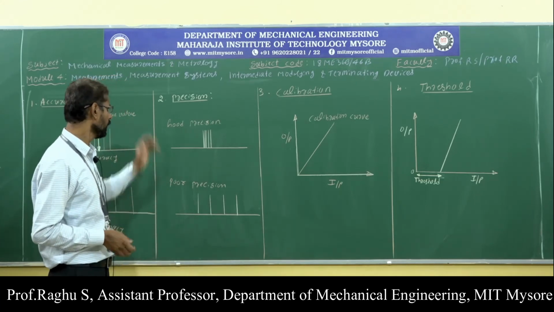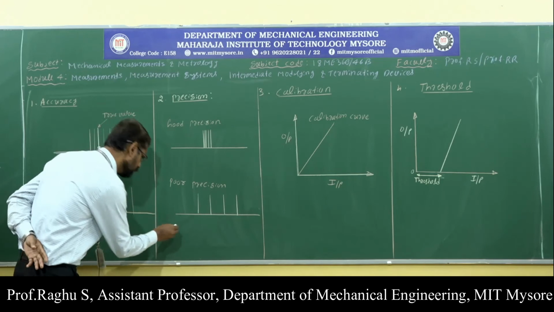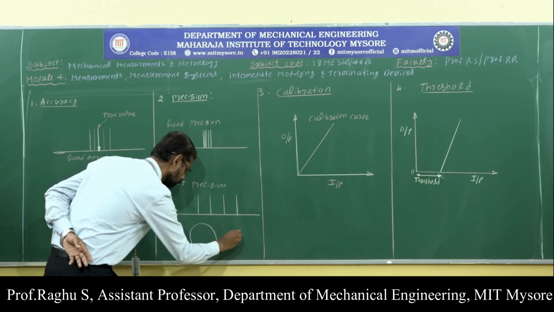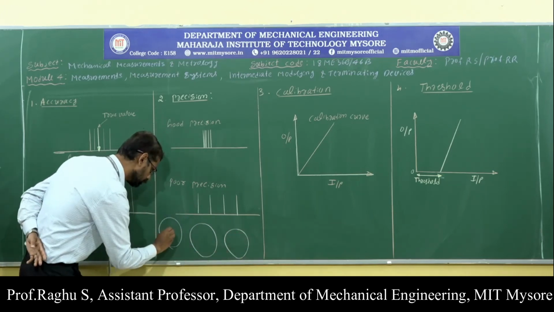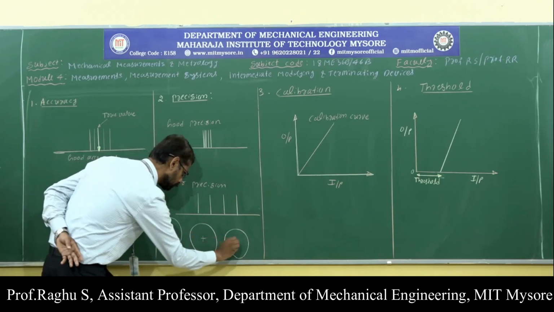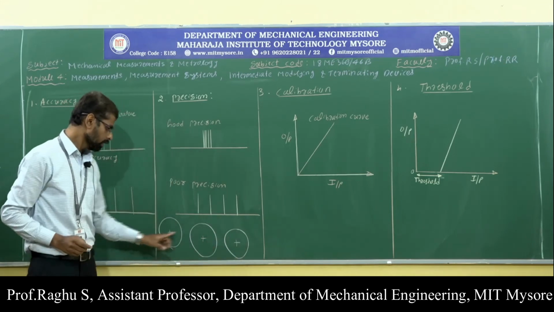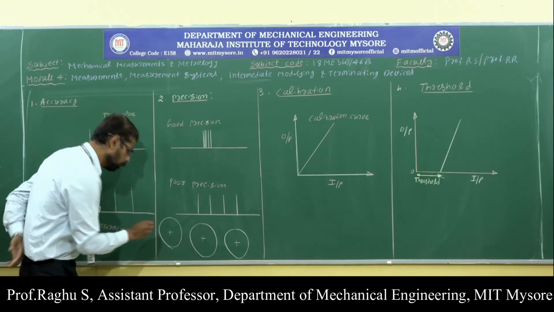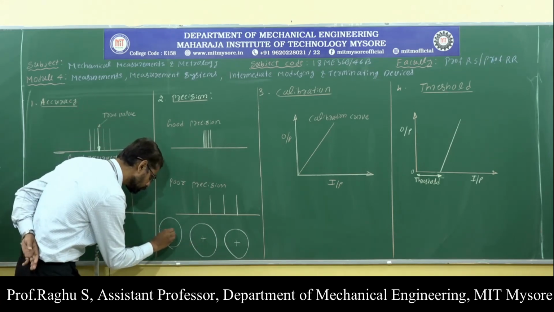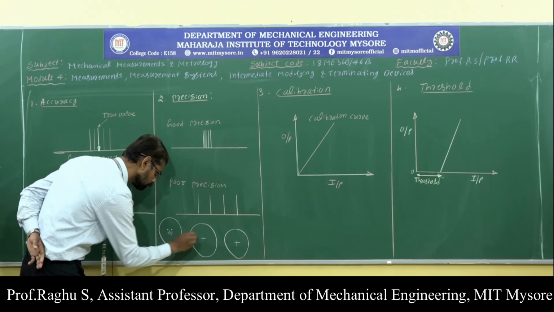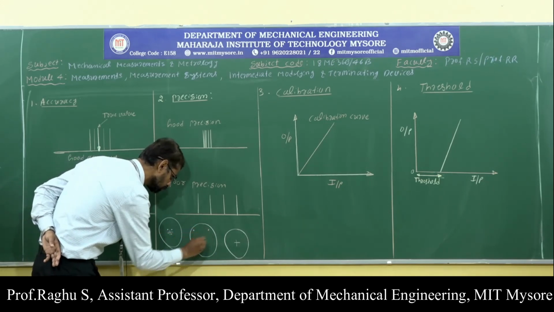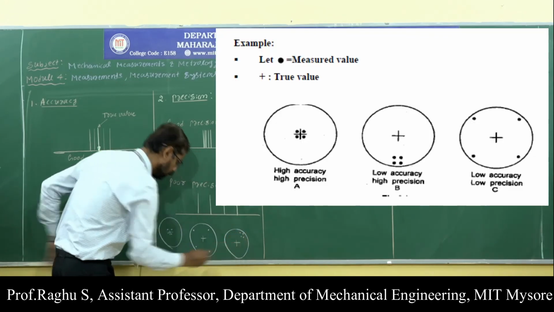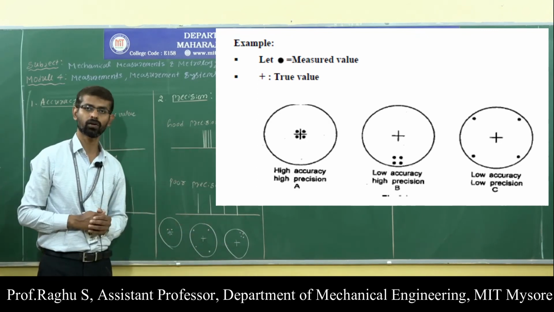Now let us understand one more example. The plus mark indicates the true value, and the four dots indicate the measured values.